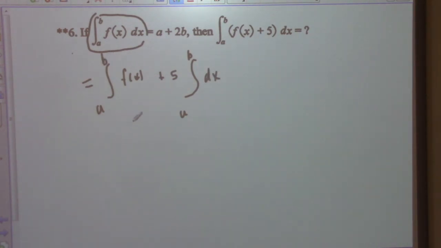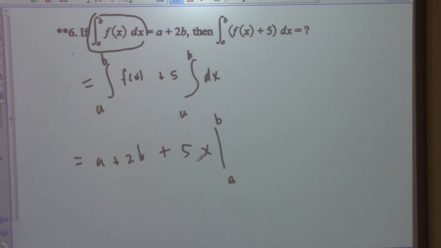So what is this thing equal to here? This thing right here is a plus 2b. And this thing right here is what you're adding to, plus 5x from a to b.